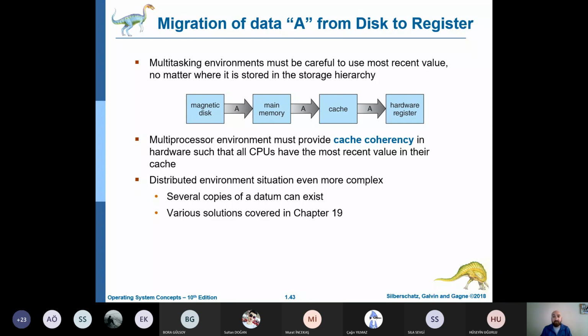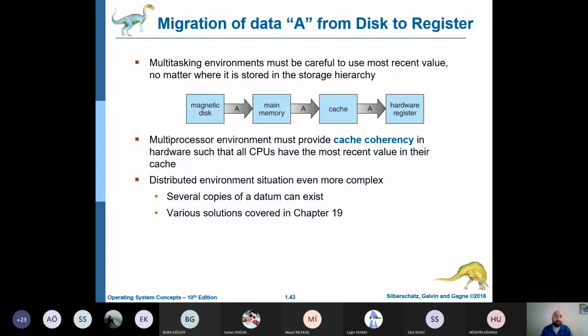The increment operation proceeds by first issuing an I/O operation to copy the disk block on which A resides into the main memory. So we have to copy A to main memory. This operation is followed by copying A to the cache and to an internal register. At the first point, A resides on the disk.